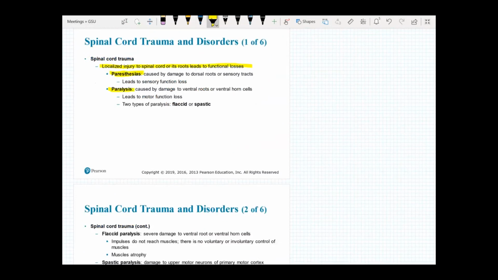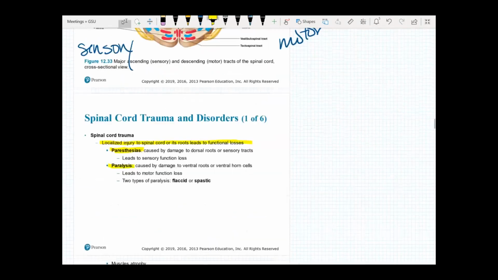That's where you're going to have damage to incoming or outgoing sensory tracts. Paralysis is where you've actually damaged the root or the horn. Paresthesia is where you're not able to perceive sensory information. Paralysis is where you're not able to complete motor movements, so you're paralyzed.